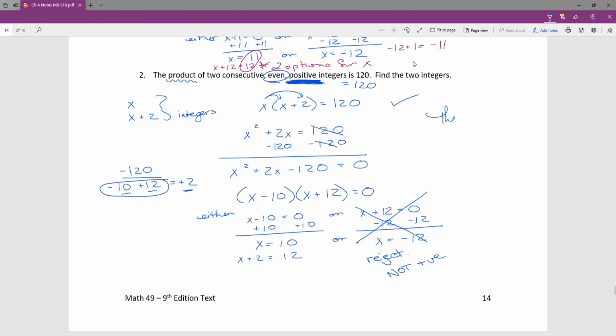So the integers are 10 and 12. And those are 2 consecutive even positive integers, and they would multiply to give me 120. Always double check that they do in fact make sense.